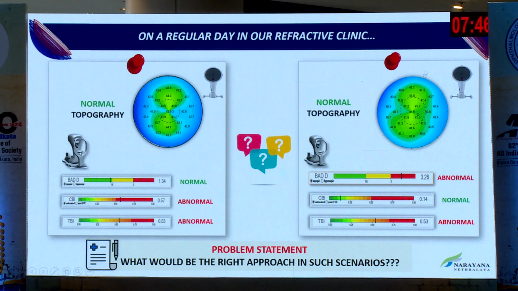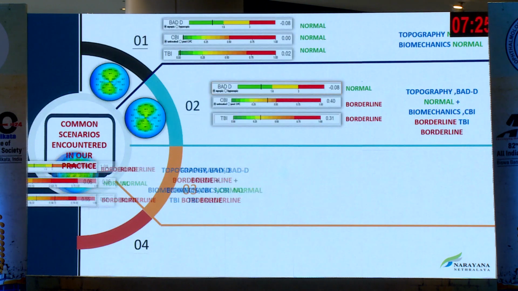Here the topography has some skewing, and your BAD-D is showing that there's some element of suspicion, but your biomechanics is stronger. So these things completely put you into a dilemma, and you need to be aware of them as you keep increasing. And this may have an impact on your growth in refractive surgery also.